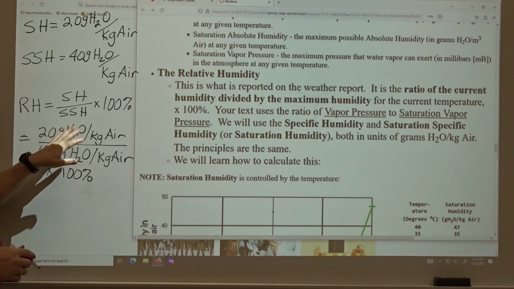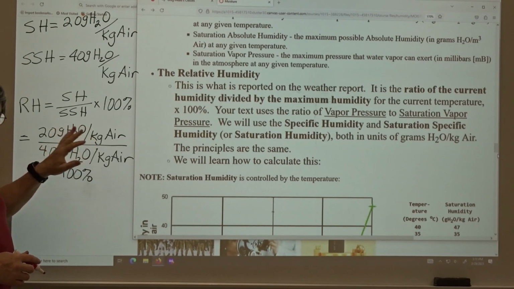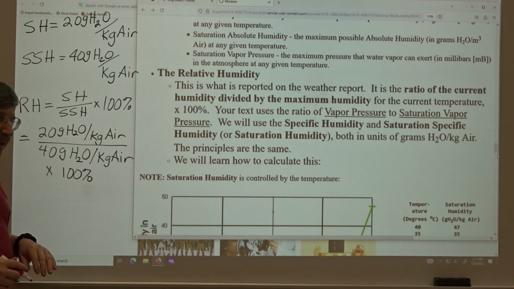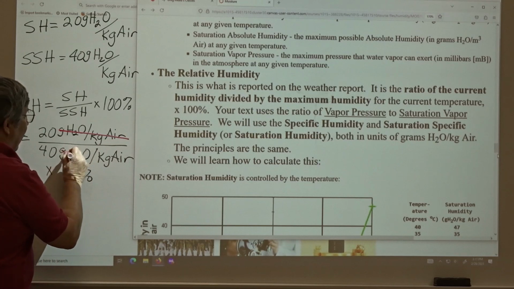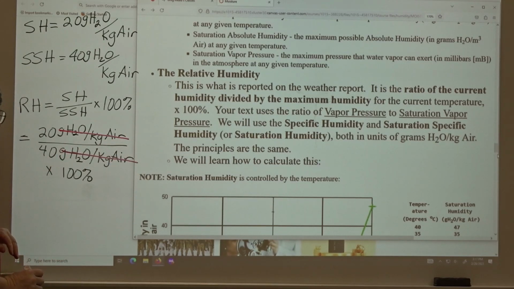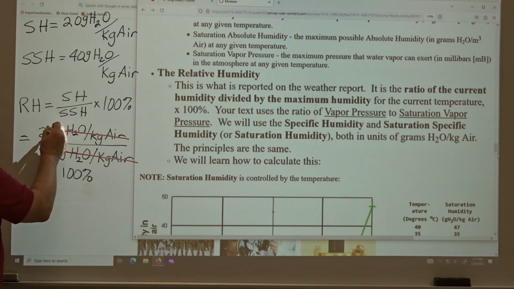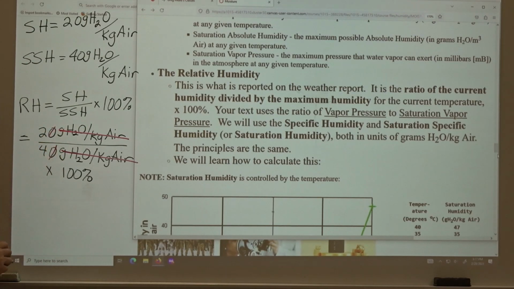And it's very important to put the units in because it will help prevent you from making mistakes. So we put them in there, but now we can cancel that out and cancel that out. And because we have zeros in the top and bottom, 20 and 40, we can actually be lazy and cancel those out as well. And so we've reduced this whole big thing to 2 over 4. And I think most of you can figure out 2 over 4 is 1/2.